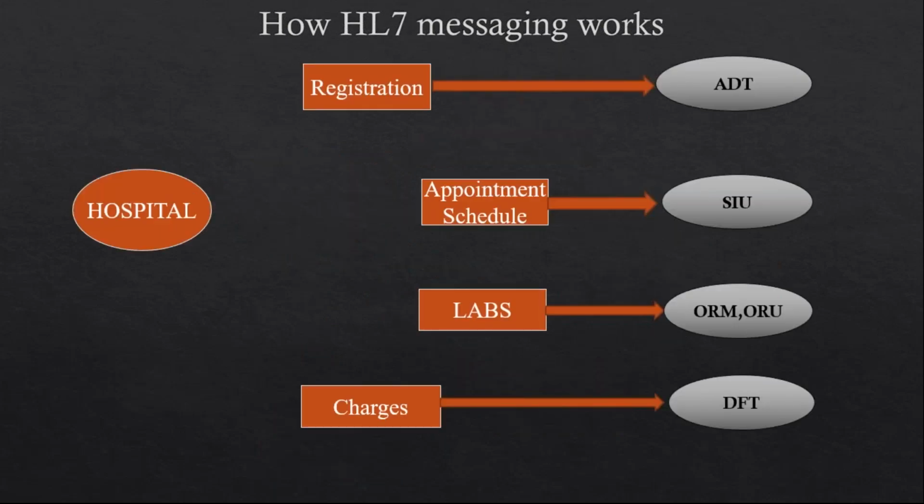When we look at these, each of them has its own dedicated name from the HL7 perspective. Let us talk about them one by one. Number one is registration. Registration is usually indicated with ADT. ADT is nothing but admit, discharge, and transfer.